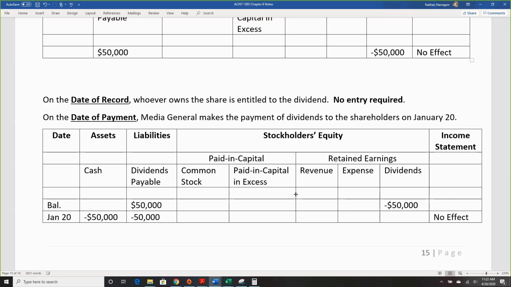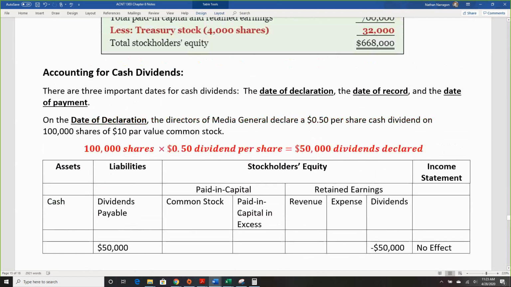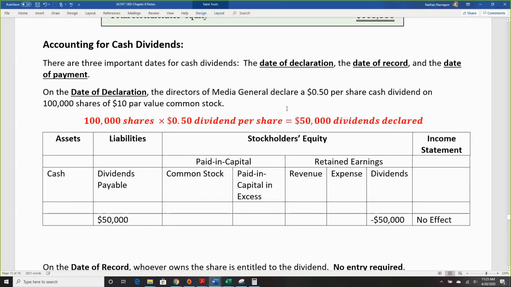But soon after that date comes date of payment. So they're going to pay these dividends on January 20th. So this is our current balance in dividends payable, showing dividend happening. That was back, well, they don't really give us a date.